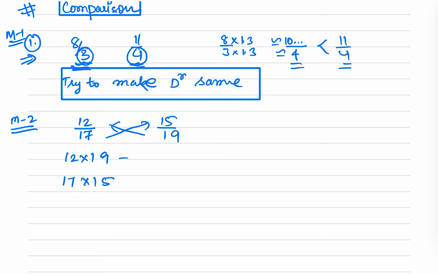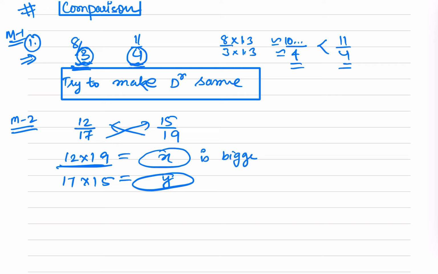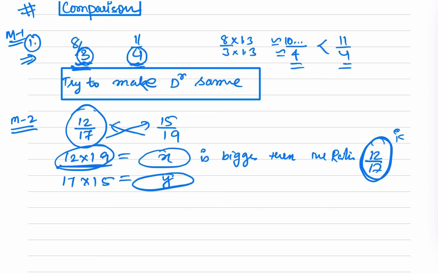So now you will calculate the value, whatever comes, let's say 12 into 19, whatever the value is x, and whatever the other value is y. I don't want to go for the calculation. If this x is bigger, then the ratio 12 by 17, because you have calculated from the first, is the greater value.